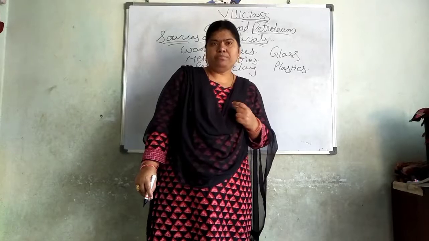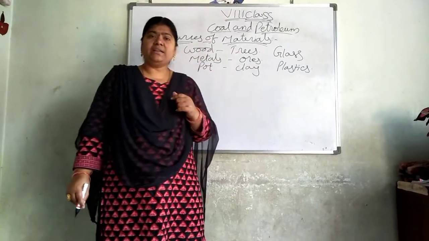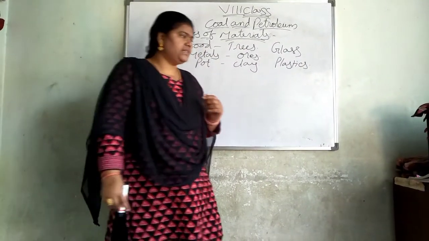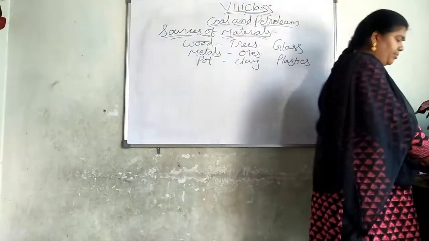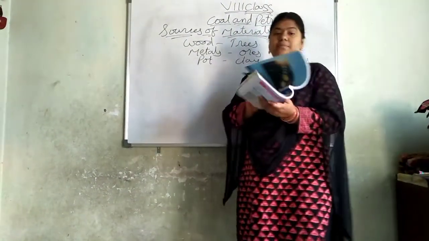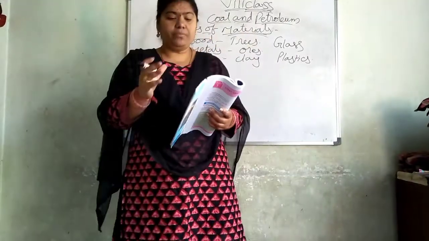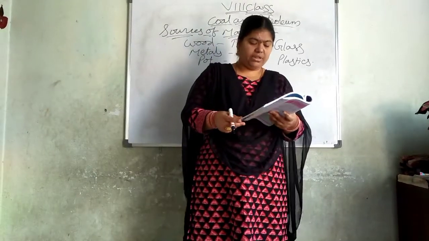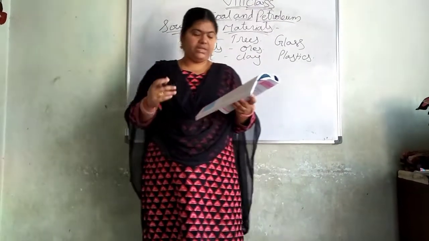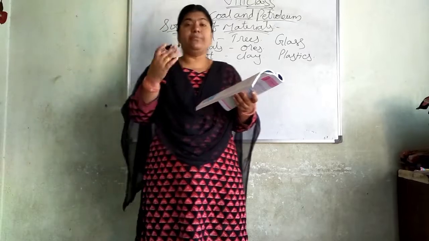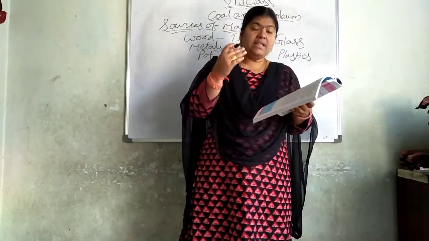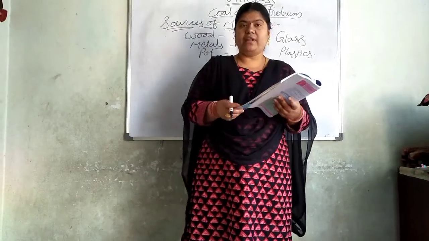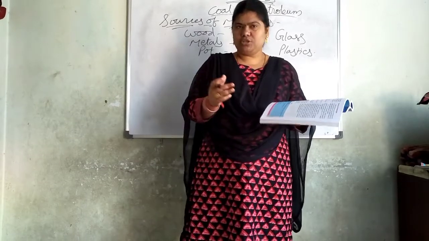Plastic we are getting from petrochemicals. Then how are we getting glass? Let us see the second table, sources of materials. We are getting wood from trees, plastic from petrochemicals, metal from their respective ores, and clay by mixing of the soil.